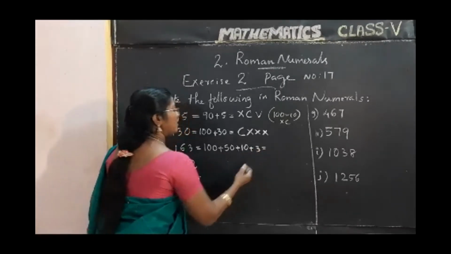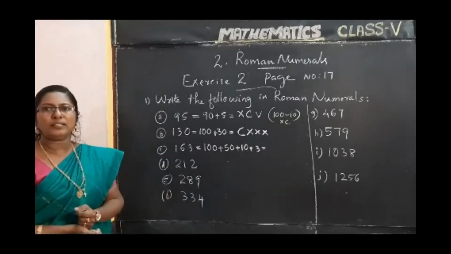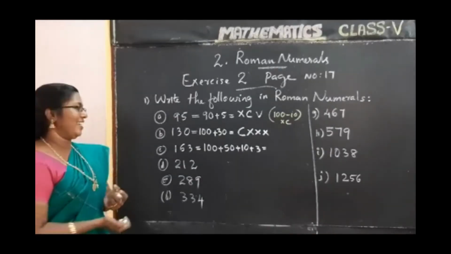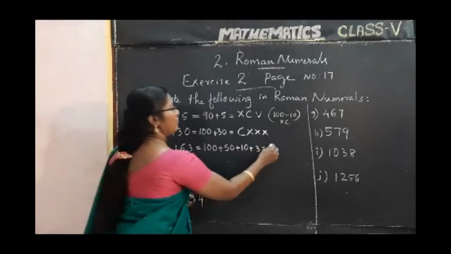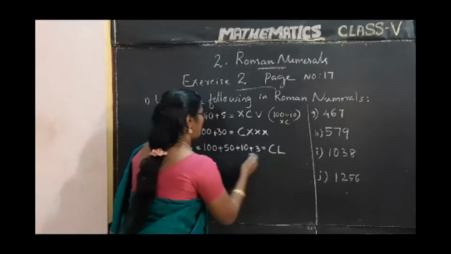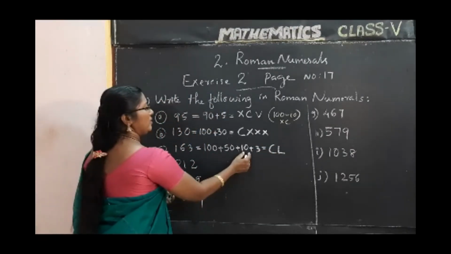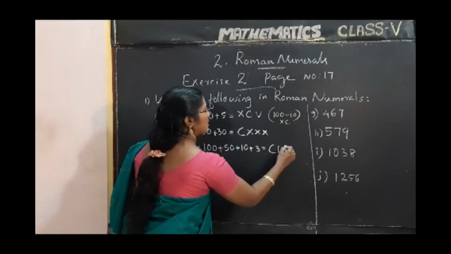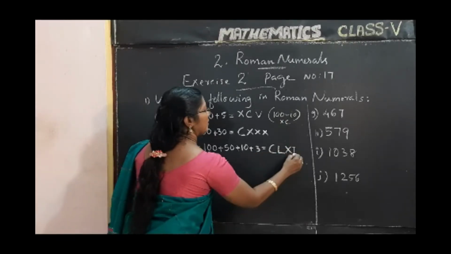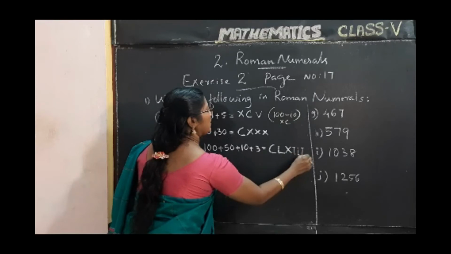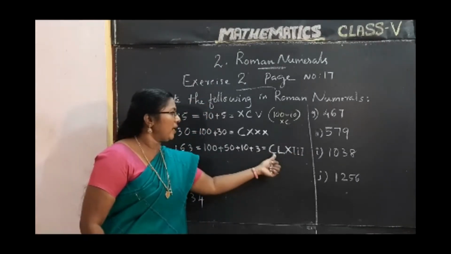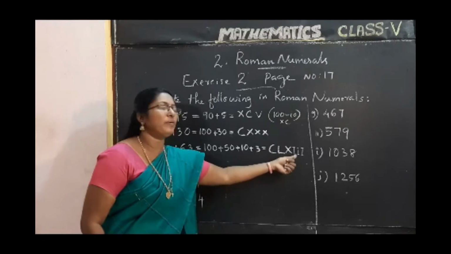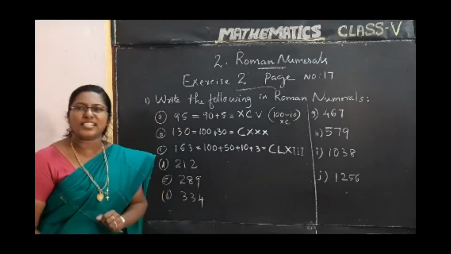The symbol for 100, yes, C. C, then 50, L, CL, then 10, X, and 3, 3I makes 3. 100 plus 50 plus 10 plus 3, 163.